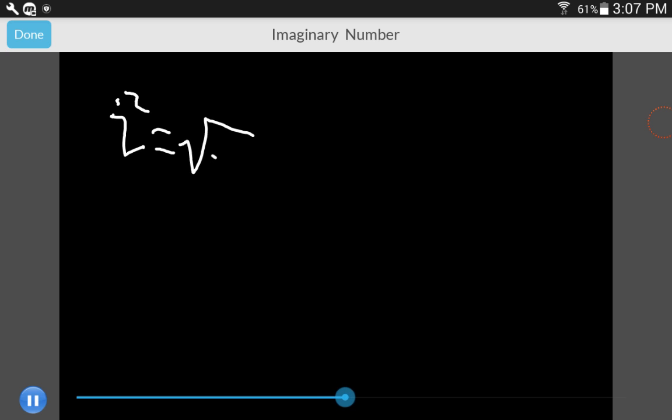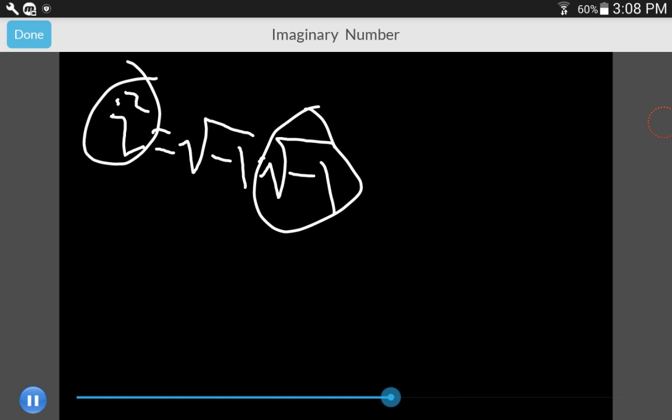It equals the square root of -1 times the square root of -1, but it does not equal 1, since in normal mathematics, you'd just take out the second square root and plug them in: -1 times -1 equals 1, square root of 1 is 1. But since we know that the square root of -1 is i, then we know that i squared is -1.